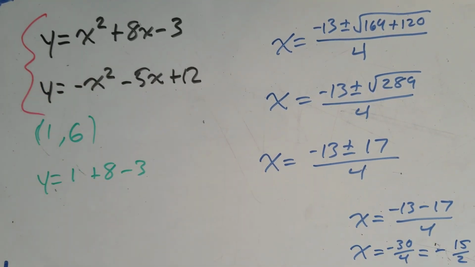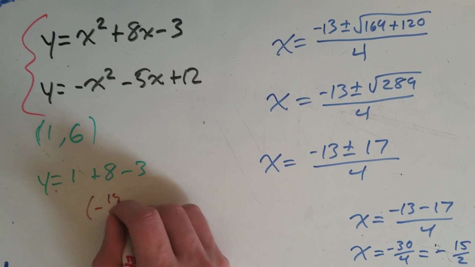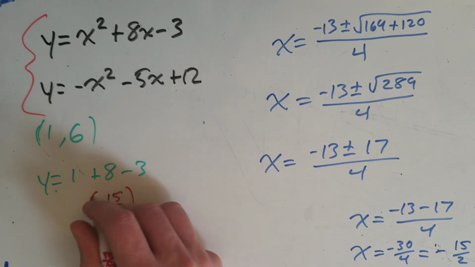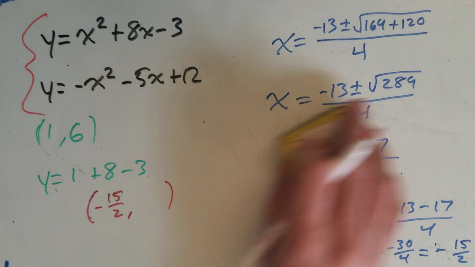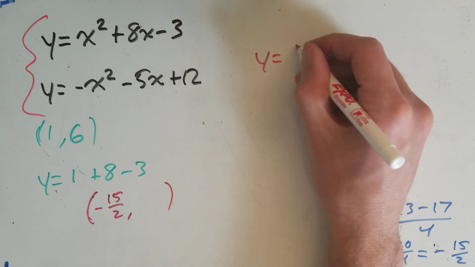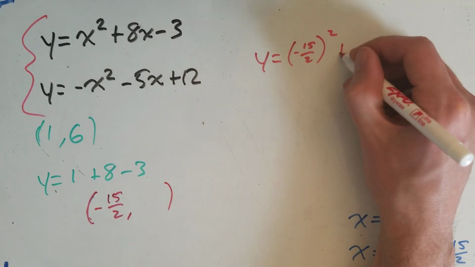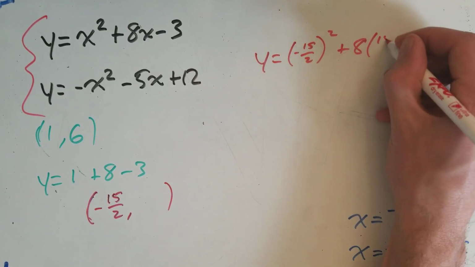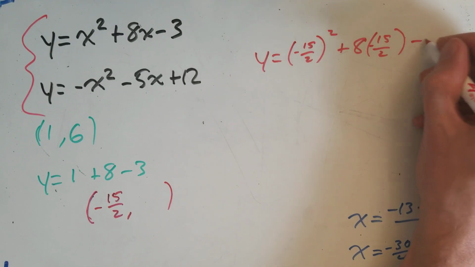So I can take that away. And for our other point of intersection, we have x equals negative 15 halves. We want to know what y goes with that. So y would be negative 15 halves squared, plus 8 times negative 15 halves, minus 3.